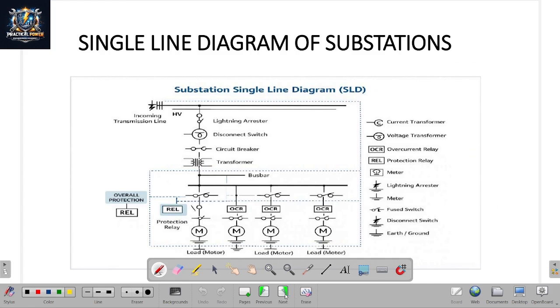Here you see a simple single line diagram of a substation. Here everything is displayed. The loads are in motor form here.